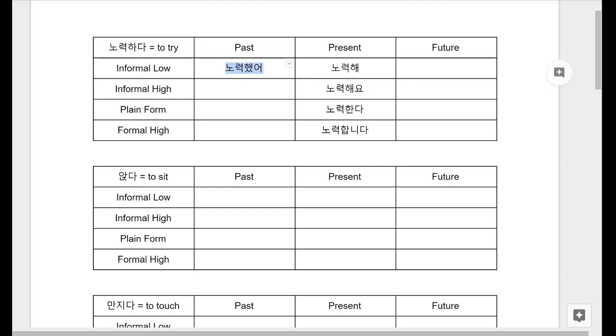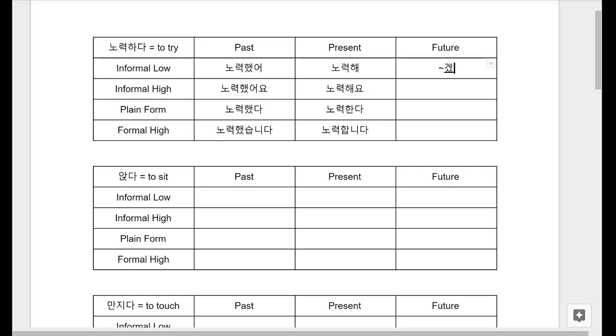The next conjugation, the informal high respect, would be the exact same, just with yo. And the plain form conjugation would be the exact same, but with ta. And the formal high conjugation would be the same, but with 습니다 at the end. The future tense, it's very simple for all cases.